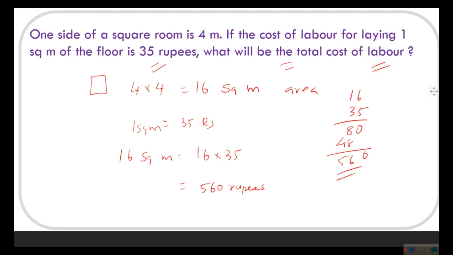Understood? Go through the textbook. You will try to solve the sums your own way. It will be interesting because there will be situations like sometimes laying tiles, sometimes painting a wall, sometimes some other work, whatever, laying a carpet. Otherwise something will come which is very much related to our day-to-day life, and you will love mathematics.